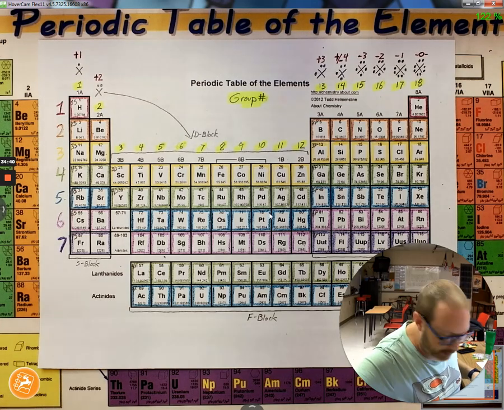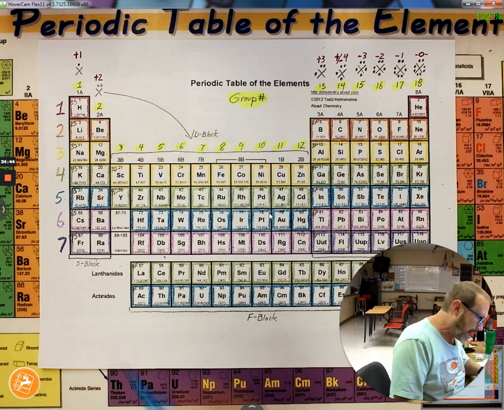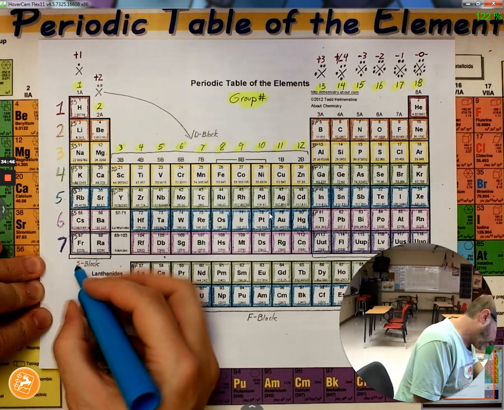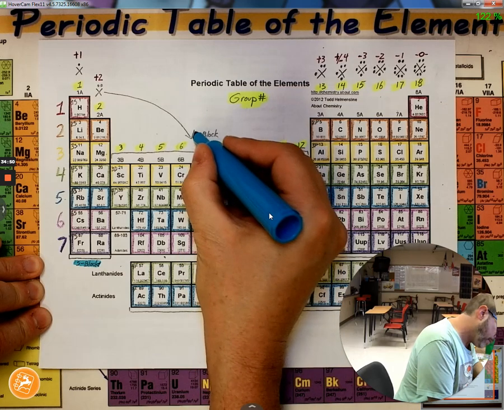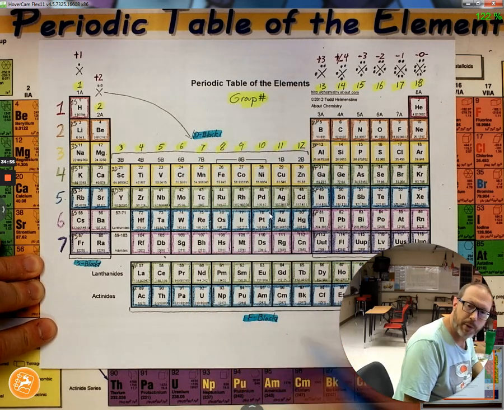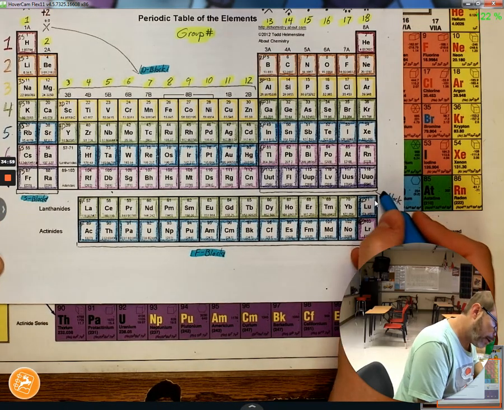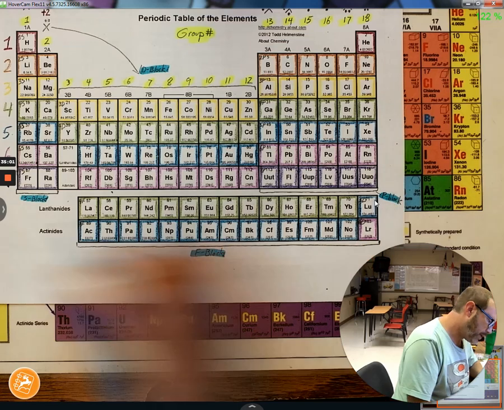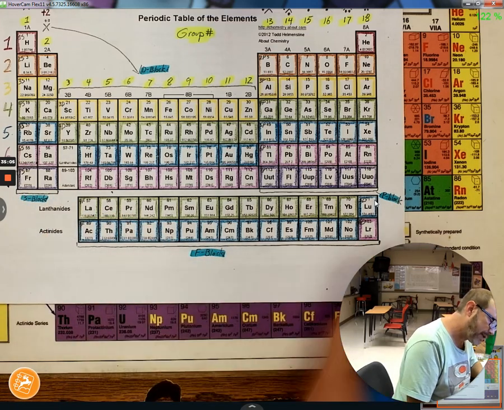I think I'll take a different color highlighter, maybe this blue one here. And I'm going to go back and hit the labels for my blocks. So I've got my S block, my D block, my F block down at the bottom, and then over here on the side, my P block. If you want to, you can even try to highlight your brackets.